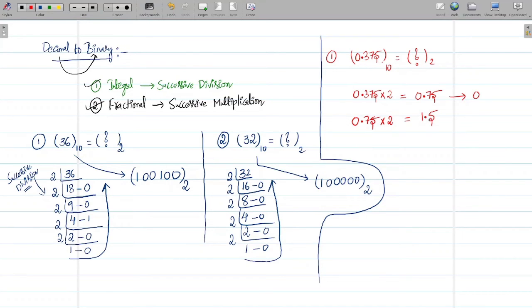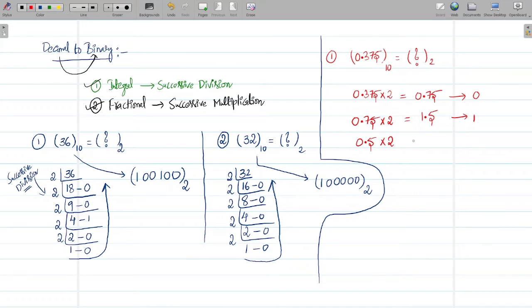In this 1.5, 1 is the integral part and 5 is the fractional part. So write the integral part and write the remaining fractional part here. Multiply this by 2. What I am doing is successively multiplying by 2, separating the integral part in each and every step.